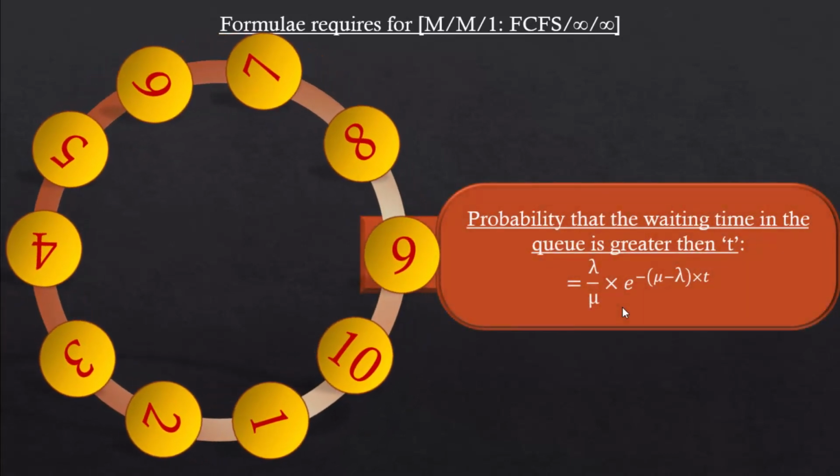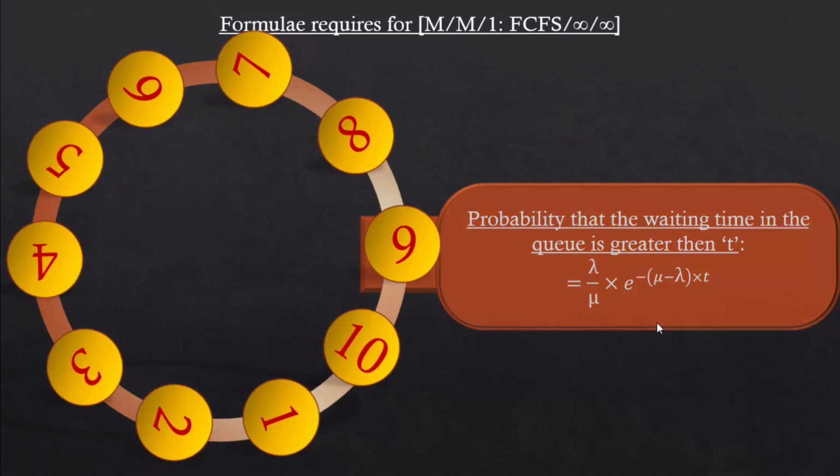Next is the probability that the waiting time in the queue is greater than time t. Whenever we are asked about the probability of waiting time, we use this formula. It is given by lambda by mu multiplied by e to the power minus (mu minus lambda) multiplied by time t. Now let us move further.